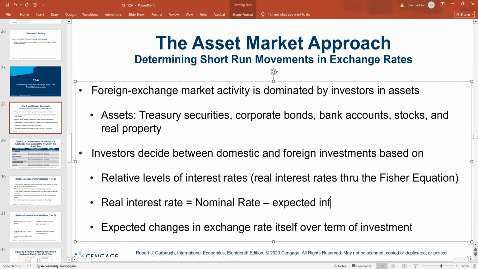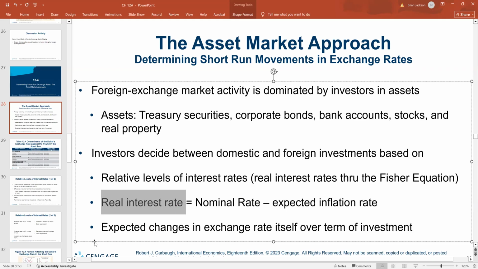So if you expect inflation to be 2% next year, then that 6% should be adjusted by that 2%. So your real interest rate would only be 4%. Okay. So 6% here, subtract 2% here, it would give you a 4%.